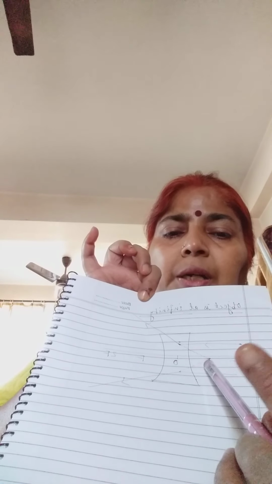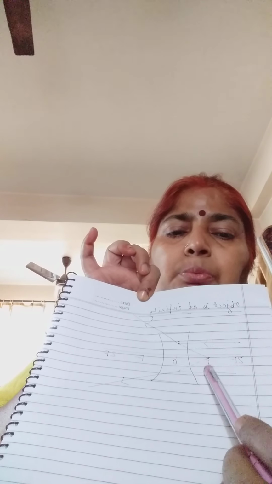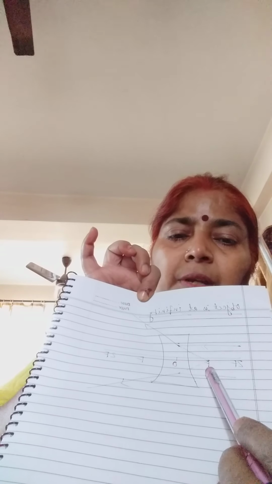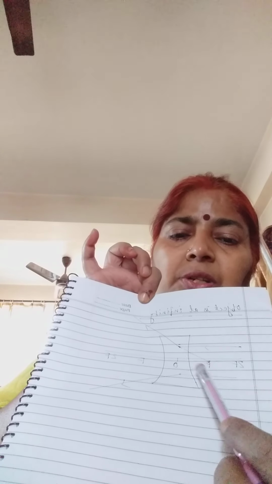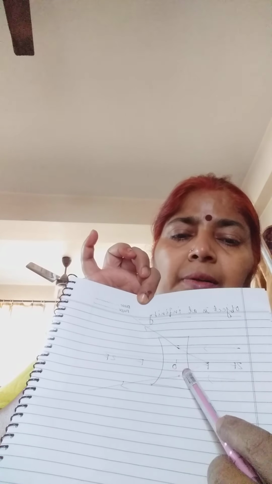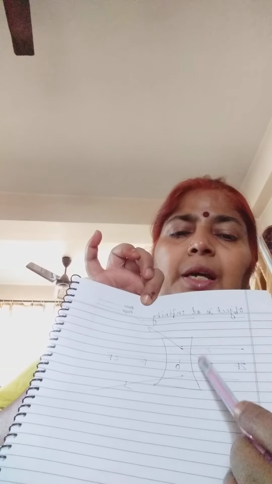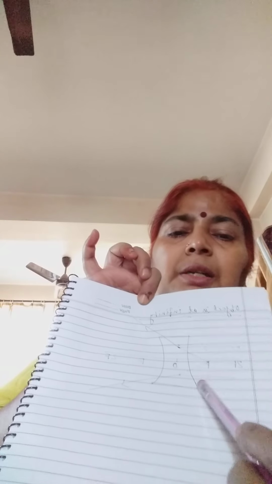Only in one case this image is virtual and diminished, and it is formed at focus. In rest all cases you had seen, children, the image was formed between focus and optical center. But here when the object is kept at infinity, the image is formed at focus. So this is about the image formation by concave lens.